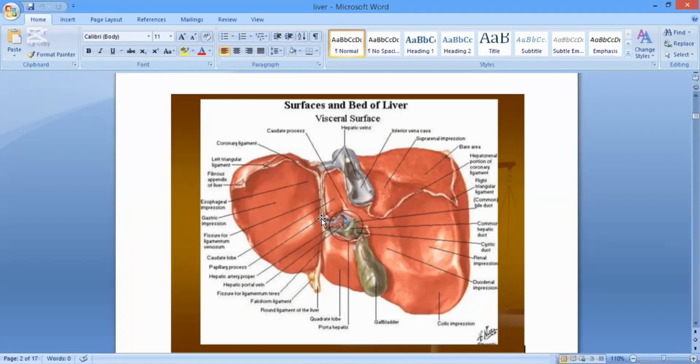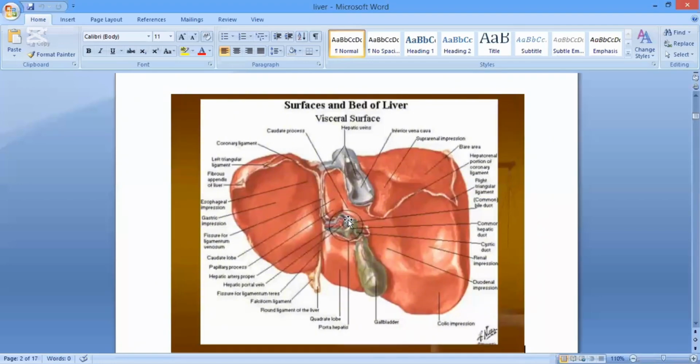And where did we study the porta hepatis? Does anyone remember? When we talked about the attachment of the lesser omentum, I told you it has an inverted L-shaped attachment, whose vertical limb is attached to the fissure for the ligamentum venosum. You can see this is the attachment of the lesser omentum, okay? So what was it? The vertical limb is attached along the fissure for the ligamentum venosum, and the horizontal limb is attached to the margins of the porta hepatis.